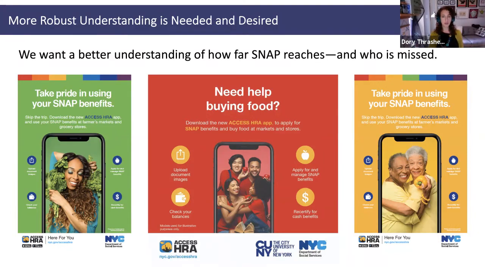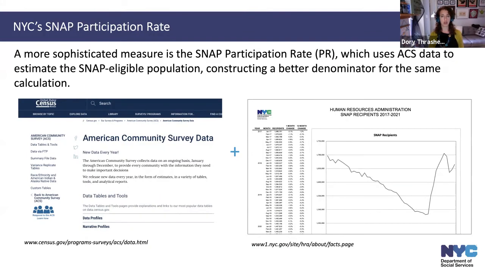To get that more nuanced understanding, we calculate a participation rate, which uses ACS data to estimate the SNAP eligible population to construct a better denominator for the same calculation: the number of SNAP recipients divided by an actual eligible population, not just the rough federal poverty line cutoff.